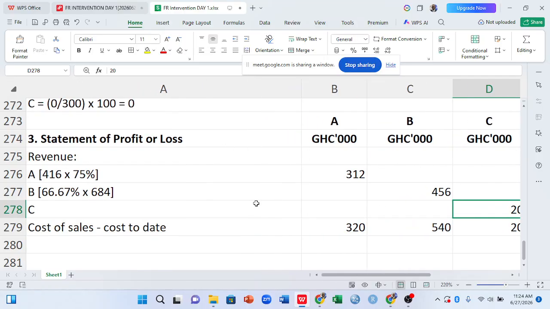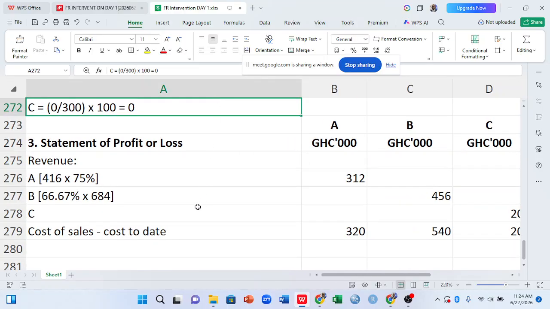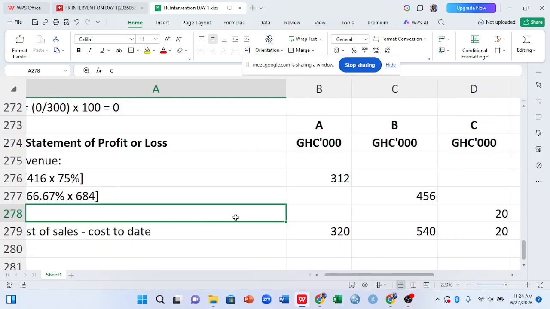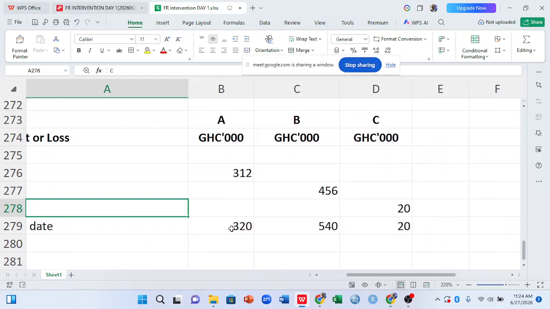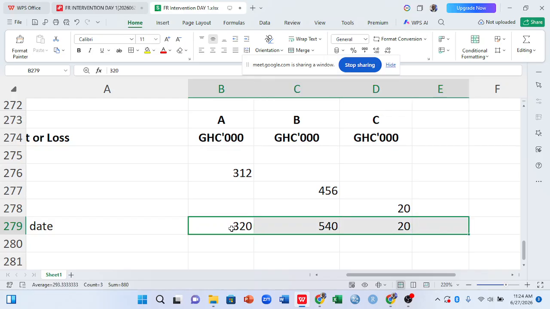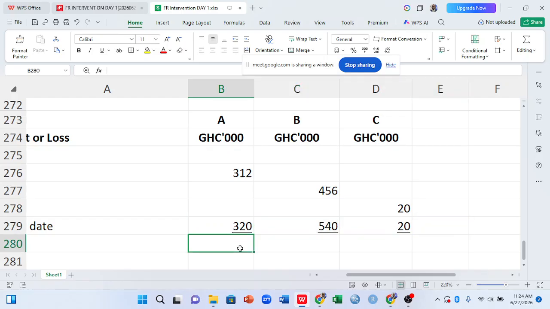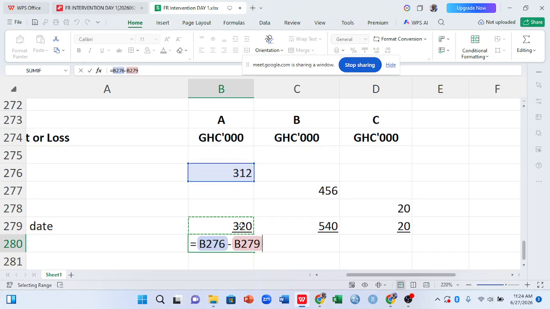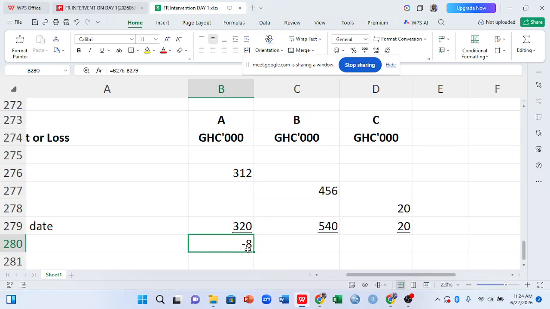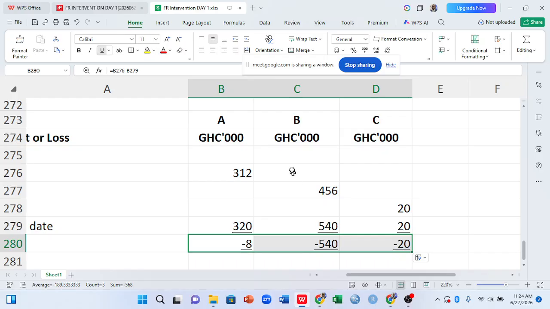The standard says that if you cannot measure progress, revenue should just be the same as your cost to date. So we have done that for each. Then we look for the respective amount.